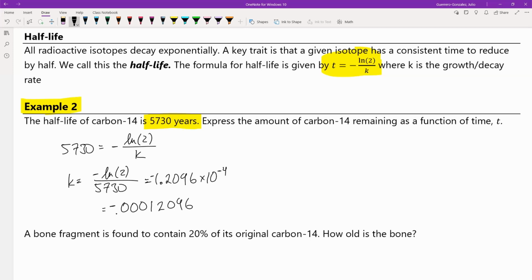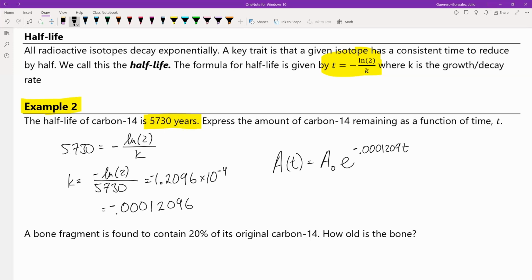Okay, so my A of t is going to be equal to some A naught. This is still dependent on my initial amount. A naught e to the negative 0.00012096t.